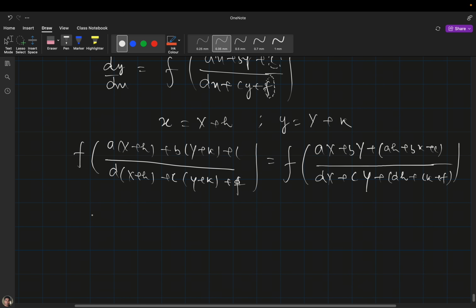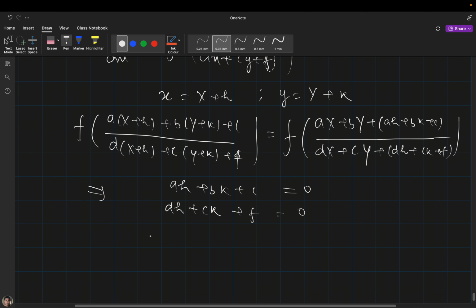Now what will I do? I will make these two residual expressions 0, and I will solve for h and k.